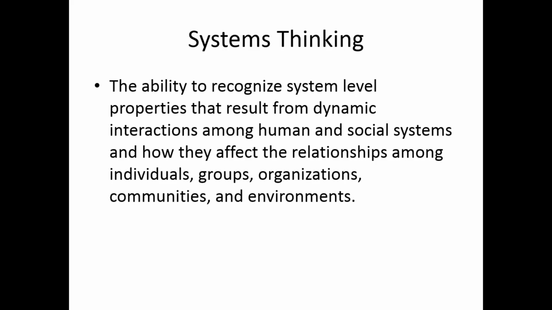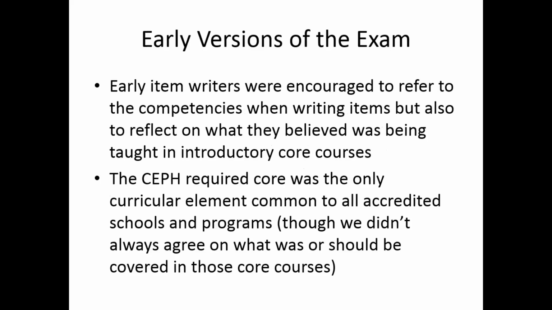So again, trying to get at this notion that public health is, at the same time, creating and supporting system approaches, but also exists within a system and has to manage system dynamics.